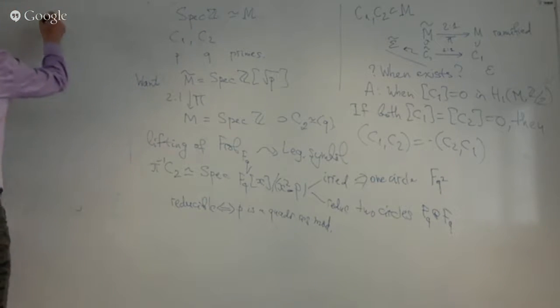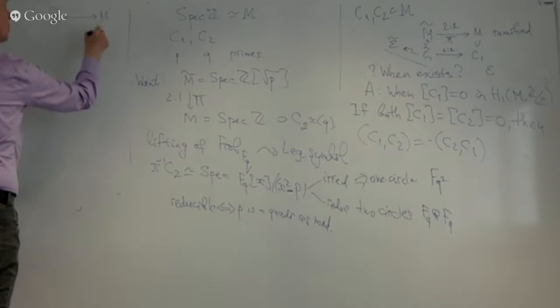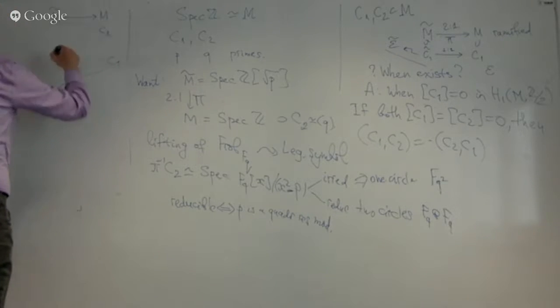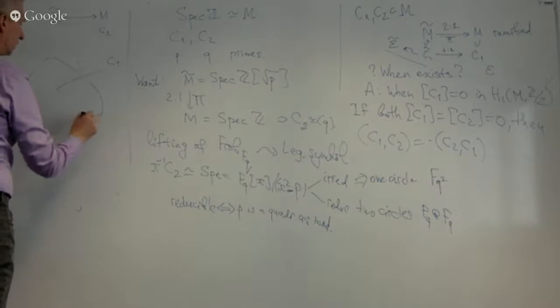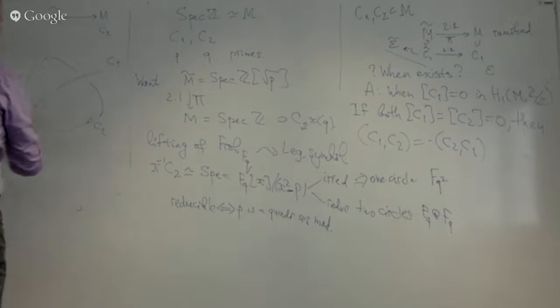So in general, if we consider M tilde over M, ramified along C1, so this is C1, and this is somehow C2. We're going around C2. Then if you go around C2, you get a deck transformation of M tilde.